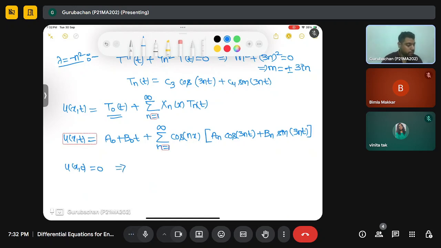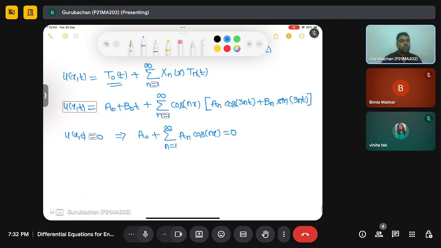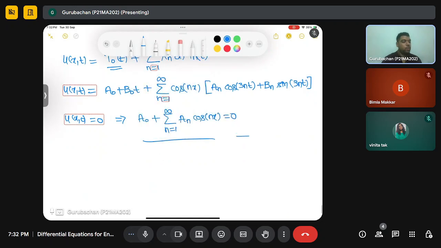So this will imply a naught plus the sum from n equal to 1 to infinity of a n cos nx has to be 0. Again, the left hand side is a series and the right side is a number, so you cannot compare them directly. So we'll use the orthogonal property.